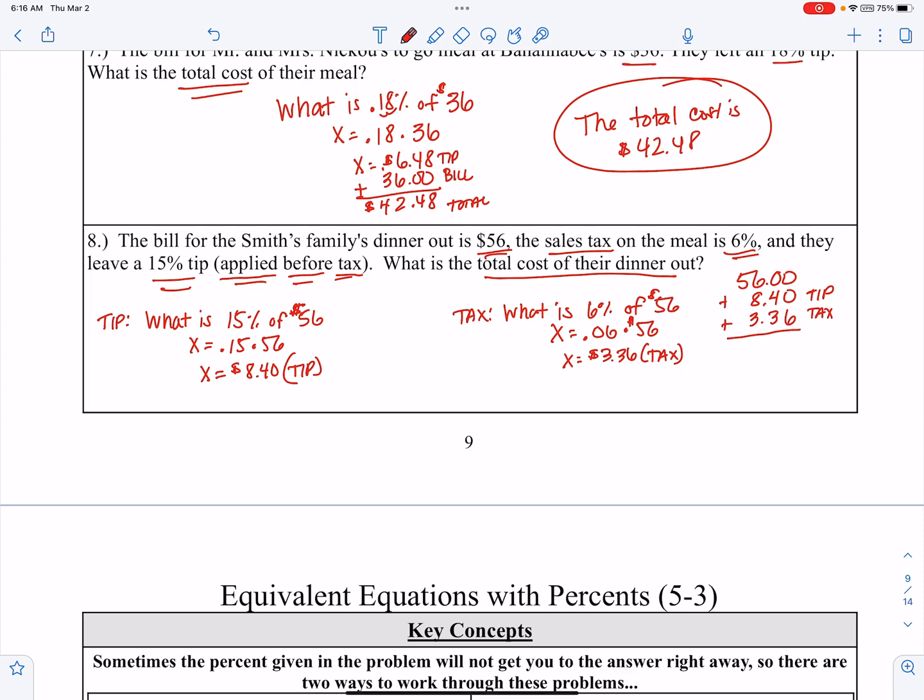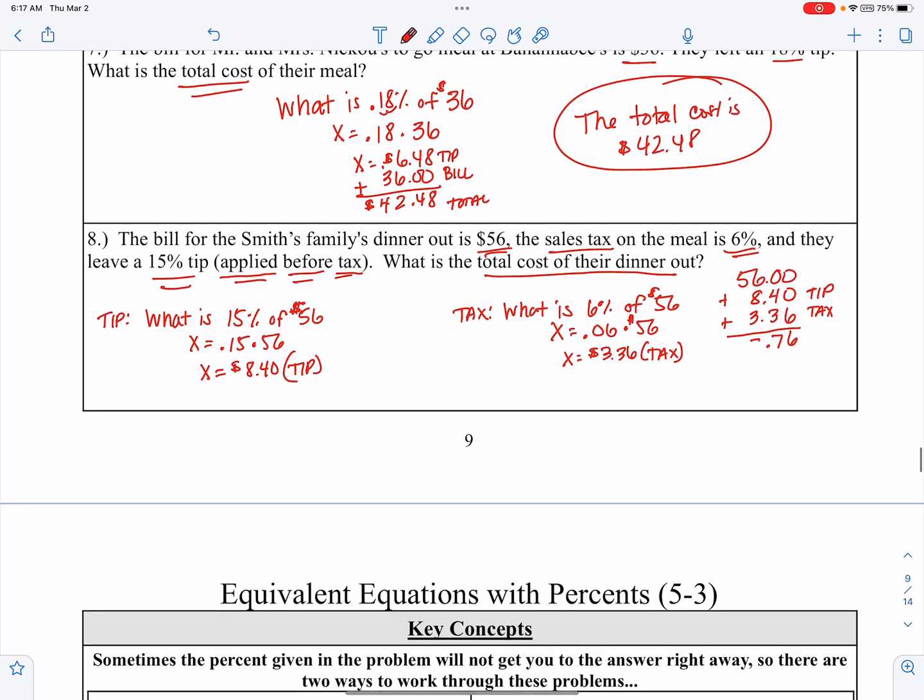Okay, and so we have 6, 7, 17, regroup, and 6. Okay, make sure we have our dollar sign, and there is our total bill after tip and tax on that original price. So what is the total cost of their dinner out? The total cost is $67.76. And there we go.